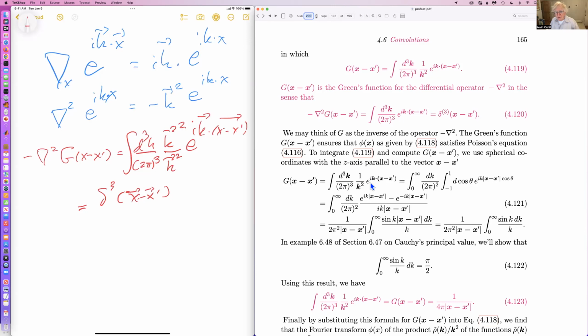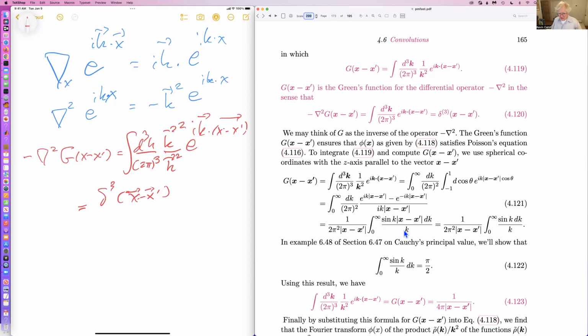And to compute it, we use the formula, we go to spherical coordinates, and the phi integration is immediate. It just gives us 2 pi. We can write k dot x in terms of a cosine of an angle between, let us say, the z-axis and the vector x minus x prime. We do the cosine integral, we get this.